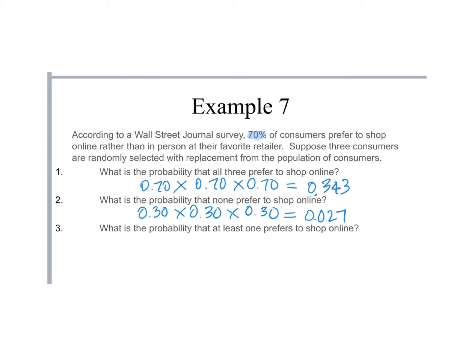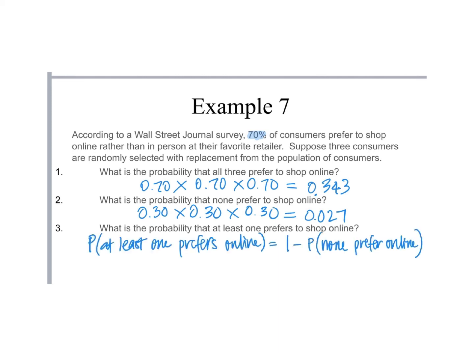Okay, so last question is, what is the probability that at least one prefers to shop online? So this one's a little bit more complicated, but the important part to note here is that you should realize that at least one is satisfied. That's what we're trying to find, and that's the complement of none is satisfied. So since it includes all the categories except for none of them, this is what we're really trying to find.